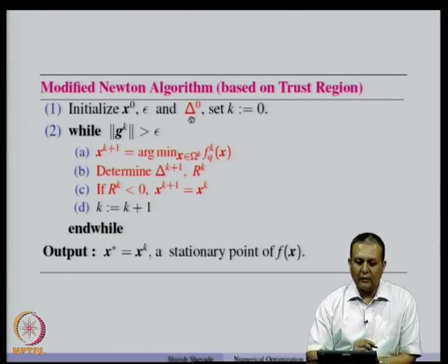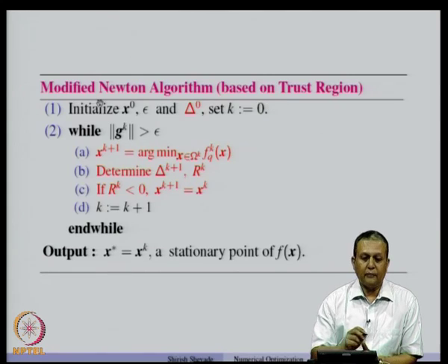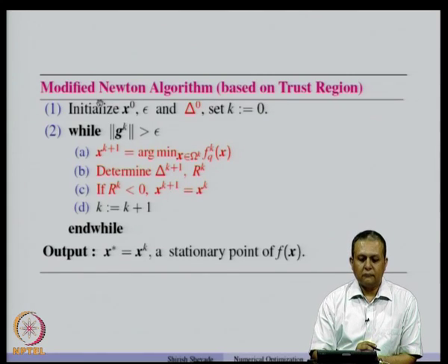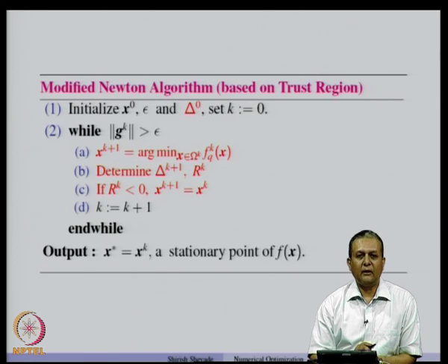So, both these methods, the earlier method that we saw and this method, still use the Newton method ideas, but the way the steps are taken is not like the classical Newton method.